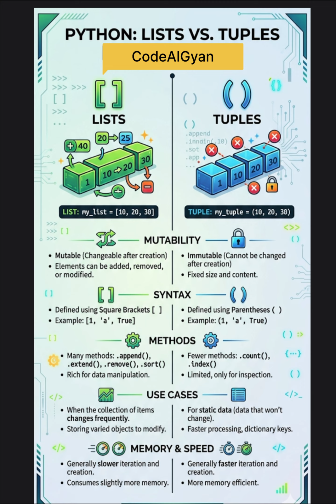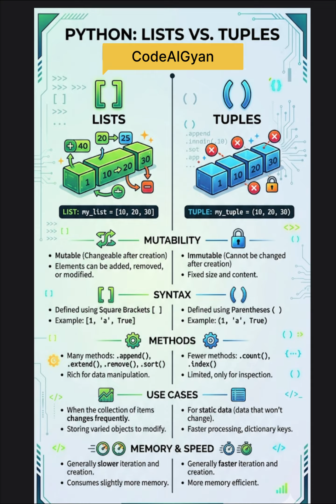Suppose we have a particular database and we are storing all those values, and we are not changing those values directly. So in such a scenario, suppose we are making some entry in a database, we generally prefer a tuple kind of arrangement, because we don't want to change the value when we are keeping those things in a particular database. So that is the use case related to tuple.